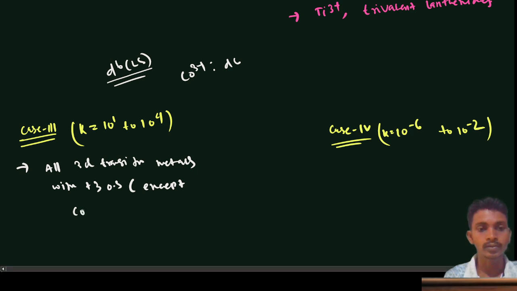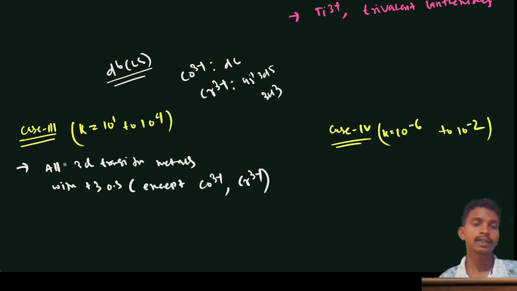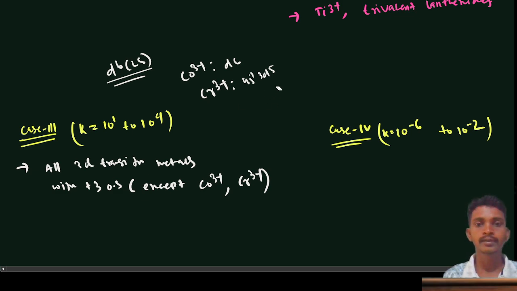So cobalt 3+ will not come here. And if we have chromium 3+, then we have 3d3. So except this, all 3d transition metals with +3 oxidation states will fall here.